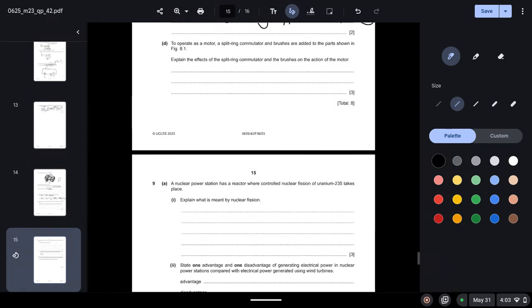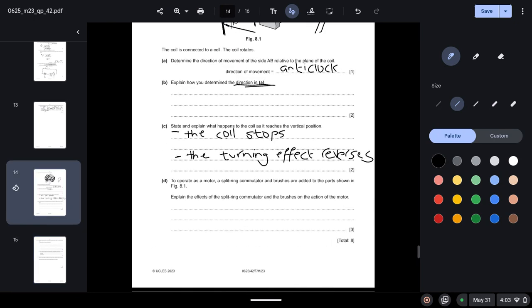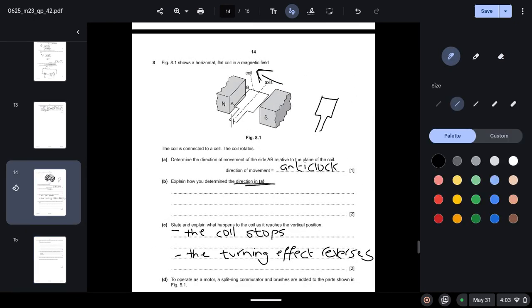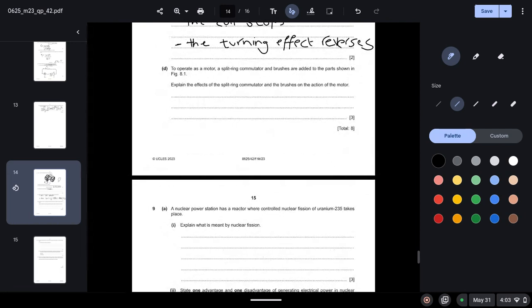Part D. To operate the motor, a split ring commutator and brushes are added to the parts shown in figure 8.1. So a split ring commutator will be added here. Here you will add the split ring commutator and brushes. Explain the effects of the split ring commutator and the brushes on the action of the motor. So why is the split ring commutator used?